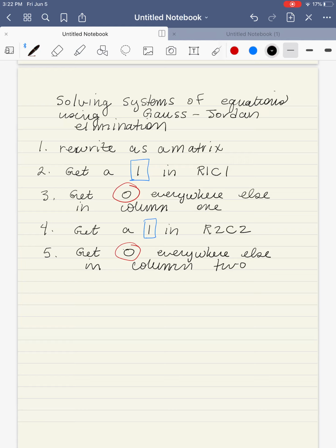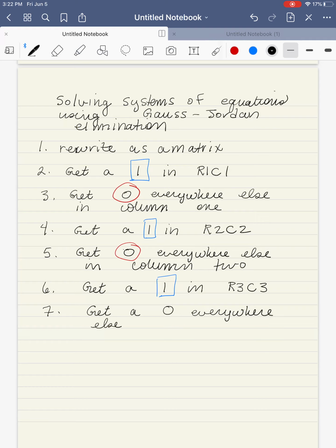And then we will move to the third column, get a 1 in row 3, column 3. And then, once we've gotten that 1, we will get a 0 everywhere else in column 3.